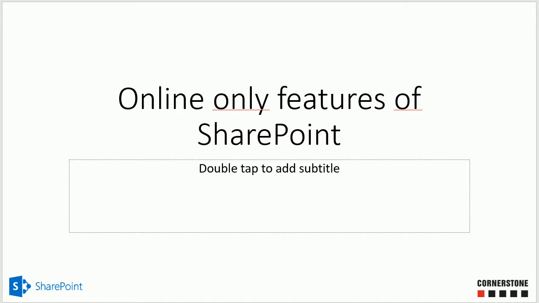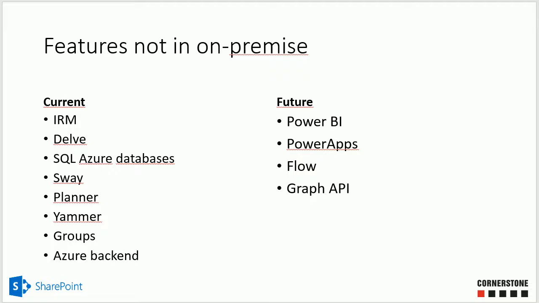So let's start with an overview of this. This story is not entirely true. Some of those features can be done on premise too, but in most cases they are not. Also, Microsoft is changing the story very much about hybrid solutions.